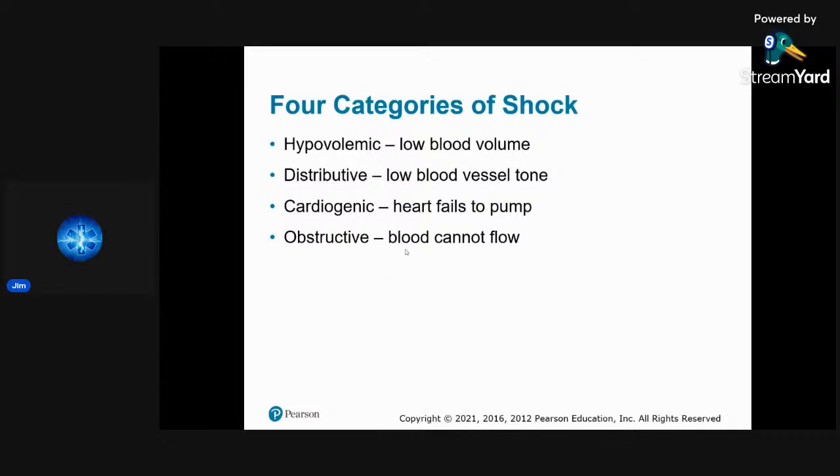Obstructive is when the blood can't flow for some reason. For example, the heart has trauma and the sac around the heart starts filling up with blood. It's a cardiac tamponade. After it fills up with enough blood, there won't be any room for the heart to refill. Or a pulmonary embolism can cause obstruction.